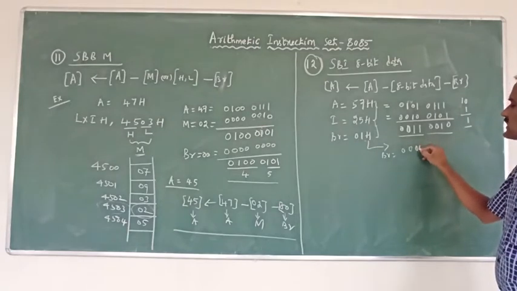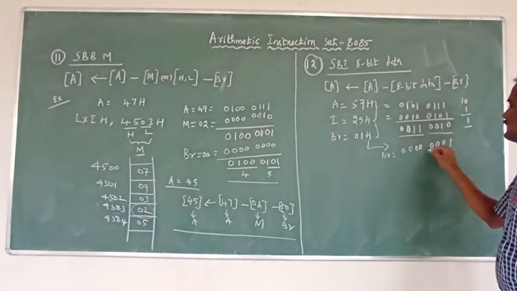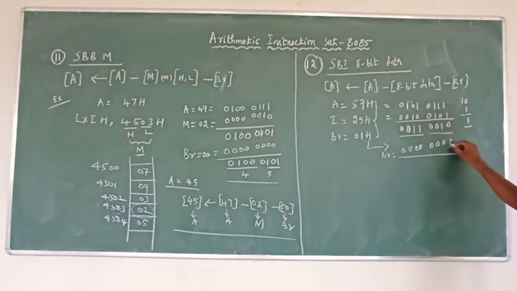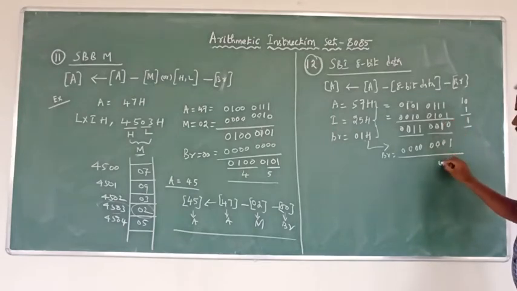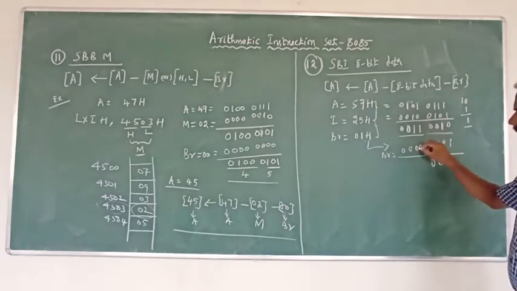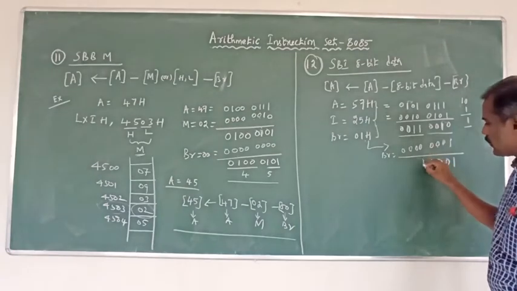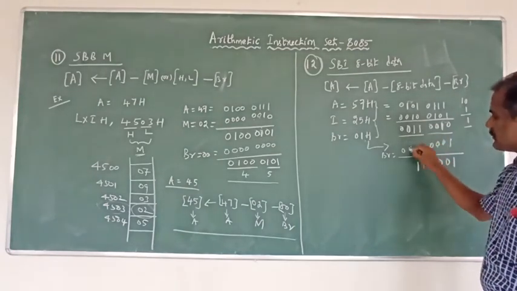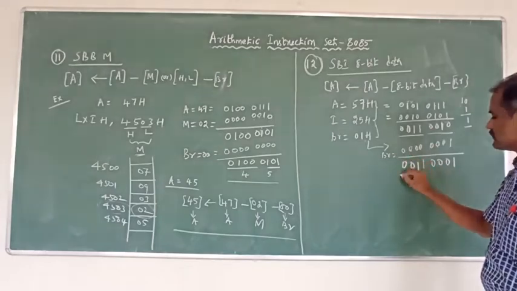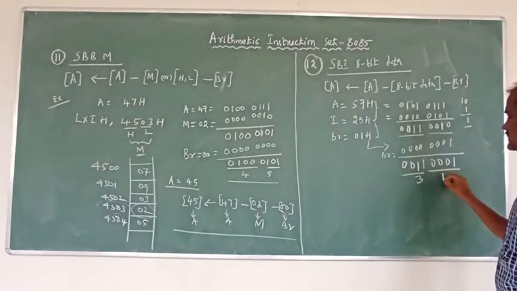We have to subtract 0 1. 0 minus 1 we cannot subtract, so we have to get a borrow from here. This is 1 0, which means 2, 2 minus 1 is 1, and here 0 will be available. The remaining bits give 3 and 1.